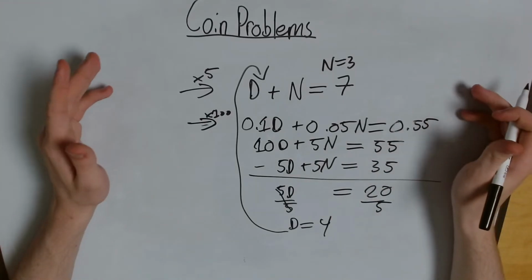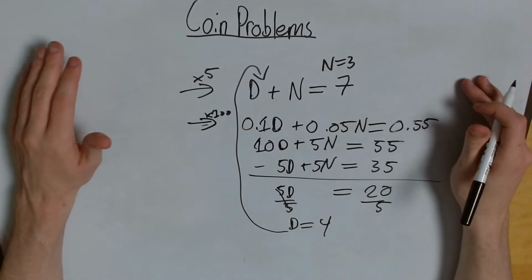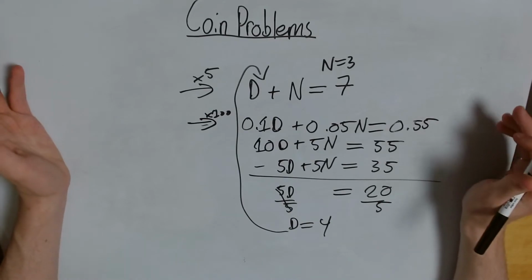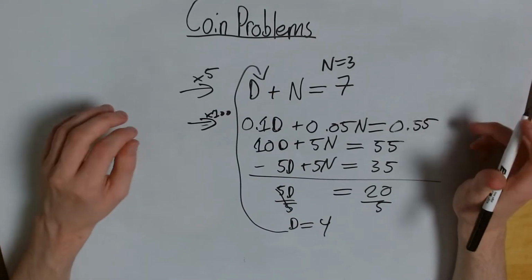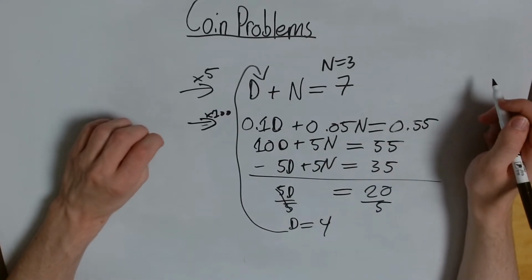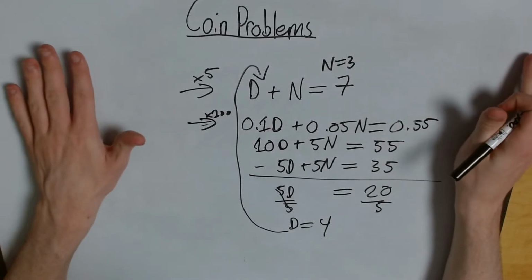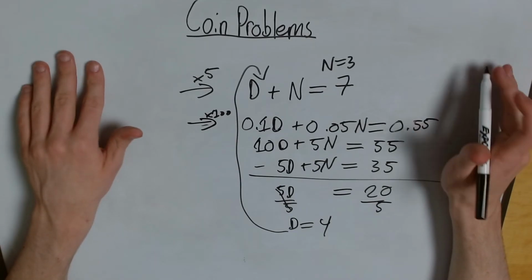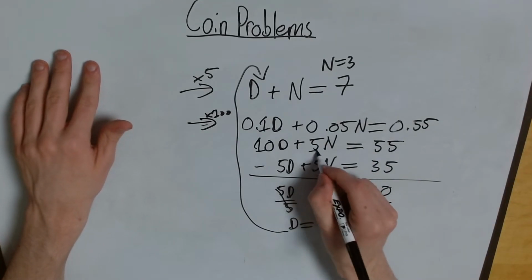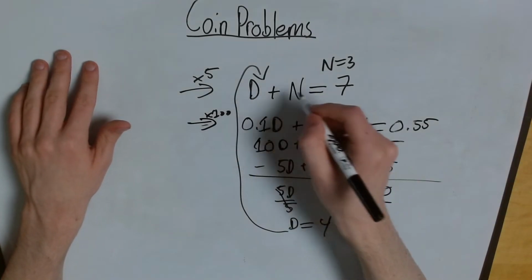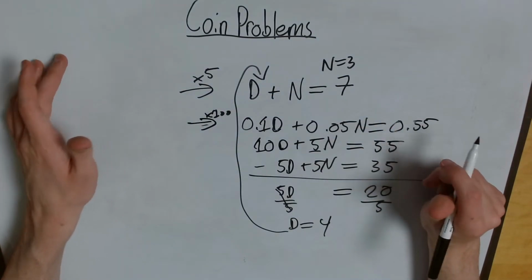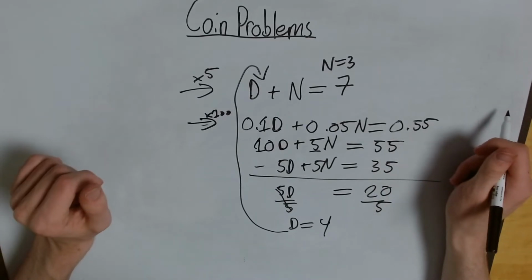The first thing we did, however, was make our coefficients easier to play around with, right? In this case, we had decimals, and we didn't want to work with decimals, so we multiplied by 100 to remove the decimals from every single variable. This is a great strategy, especially if you're working with decimals. Then we looked and saw, hey, if I multiply this equation by 5, I'll have 5n and 5n, which means if I subtract them, I'll have no n, right?